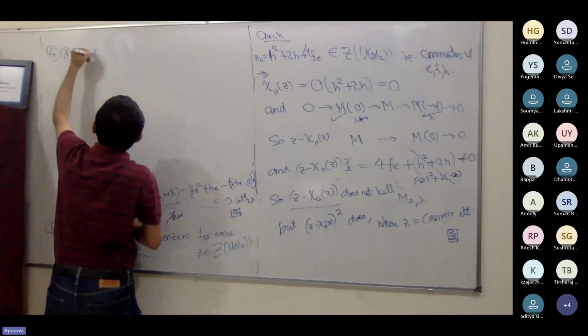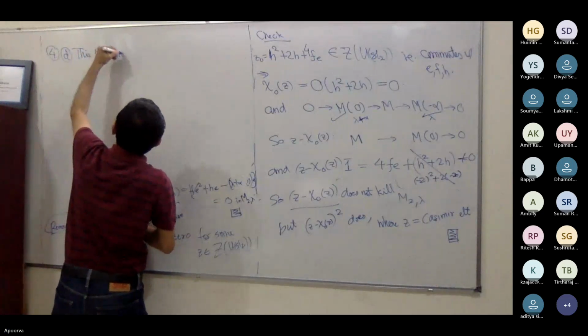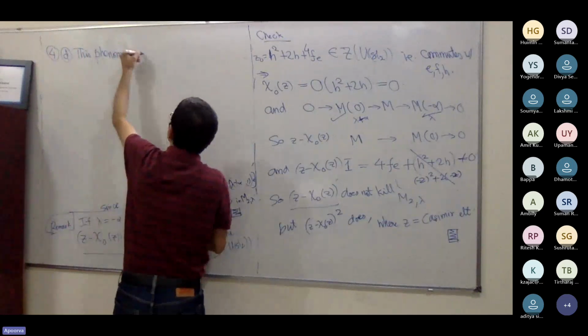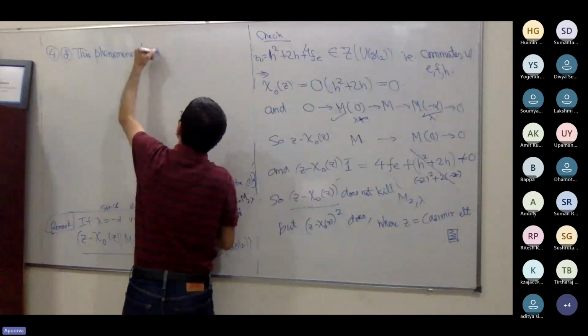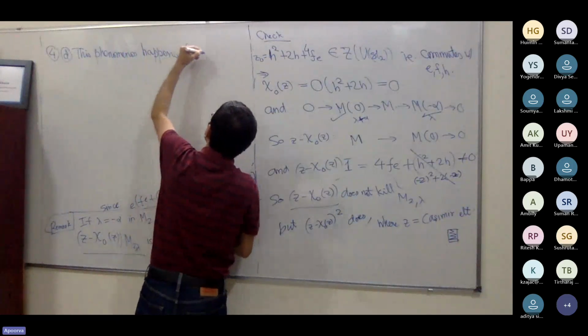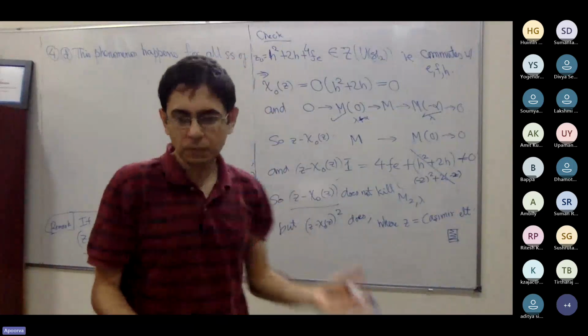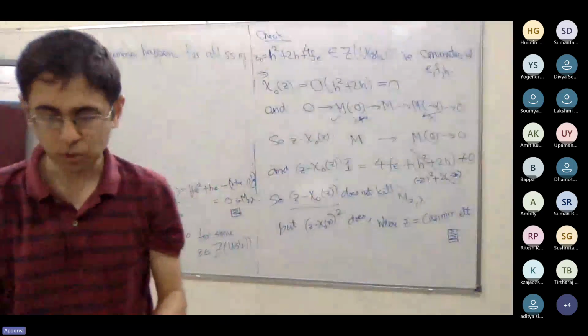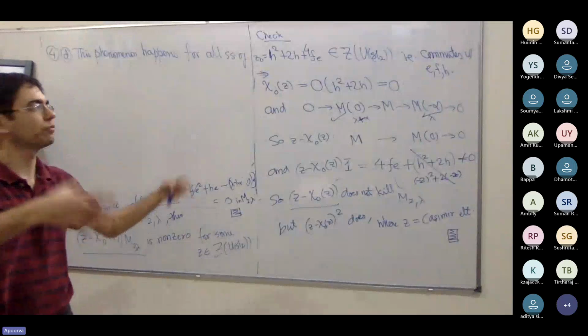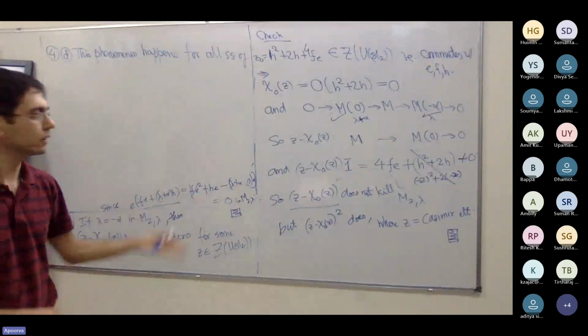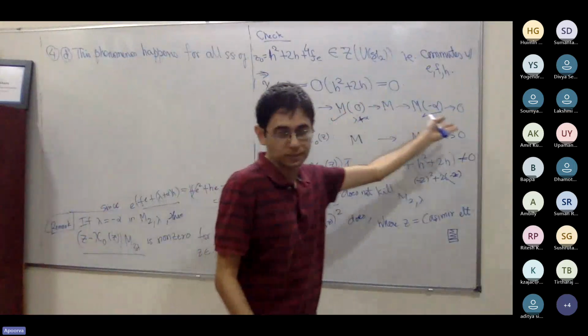This phenomenon is what happens in general, for all sensible G. There are elements in blocks which are non-split extensions. You don't just always get direct sums of Vermas killed by the character. You have non-split extensions like this.